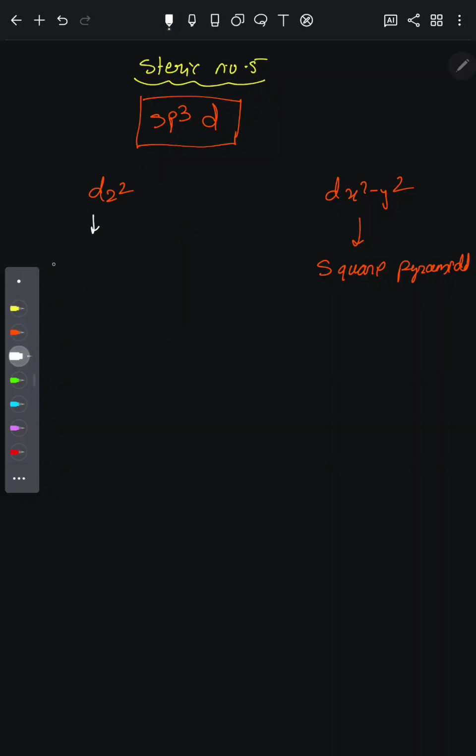And if only dz square is involved, then trigonal bipyramidal is formed.